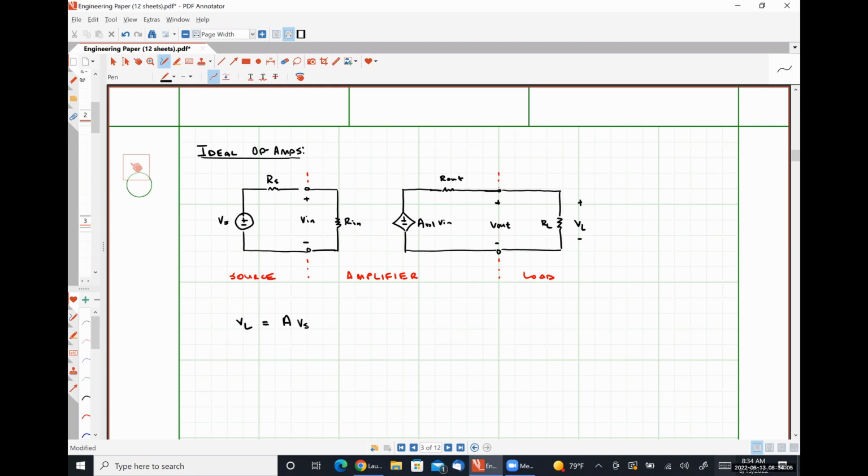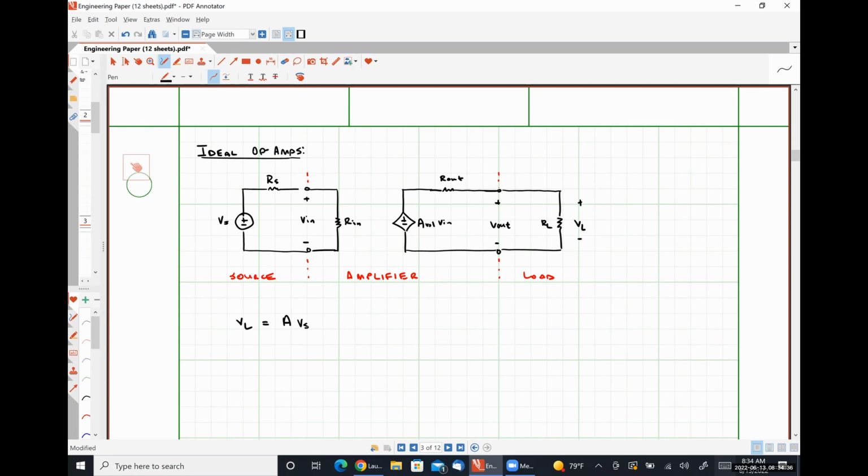So if we look at our source voltage, Vs, what we want to have happen is that all of that voltage Vs will be applied across the resistance Rin, effectively saying that there is no voltage drop over the resistance Rs, which is the source's internal resistance.